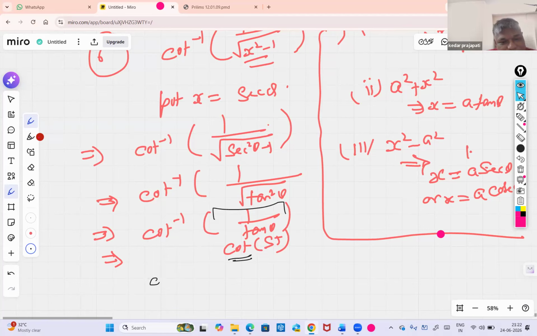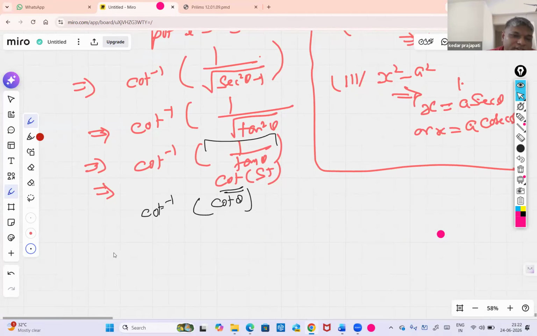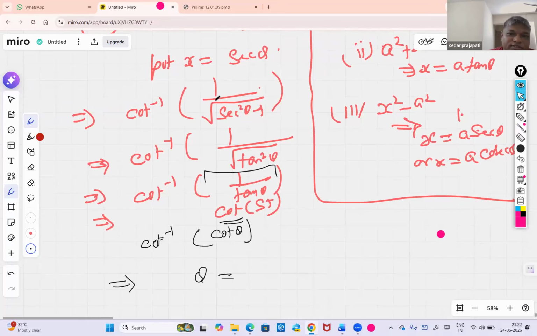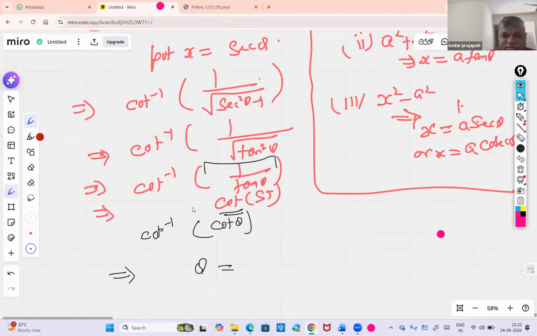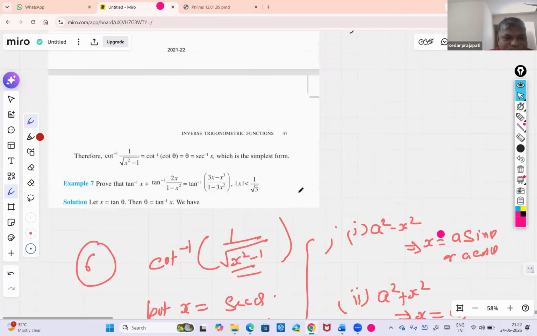So cot inverse of 1 by tan theta is cot inverse of cot theta. Now cot inverse and cot are cancelled. This is theta, and theta is sec inverse x. This is our answer, this is what they asked.